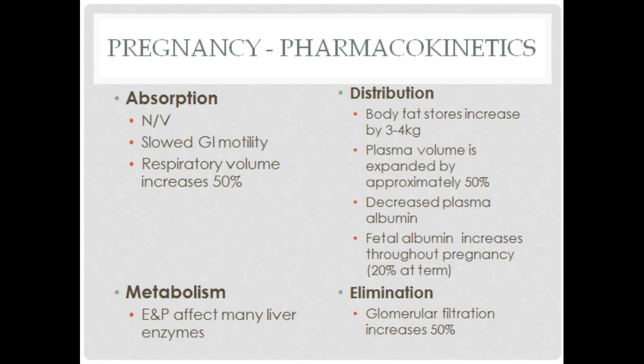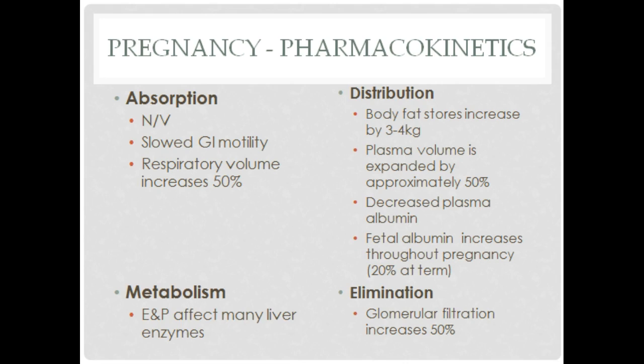So for pregnancy, let's think about the pharmacokinetics and how pregnancy would impact how a drug is absorbed, then distributed, then metabolized, and finally eliminated. So for absorption, if a woman is particularly nauseous and vomiting, then the drug might not be absorbed at all, depending on how quick she might have thrown it up.